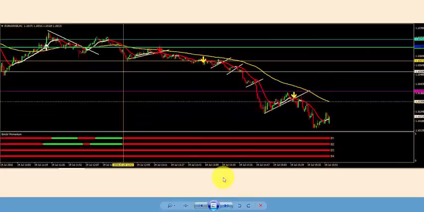Another amazing trade here. As you can see, a nice resistance at the pivot. Prices break the green pivot and then retrace back. And in this particular case, now the green pivot is becoming a resistance. And hey, by that time, you have your B1, B2, B3, and B4 all red.